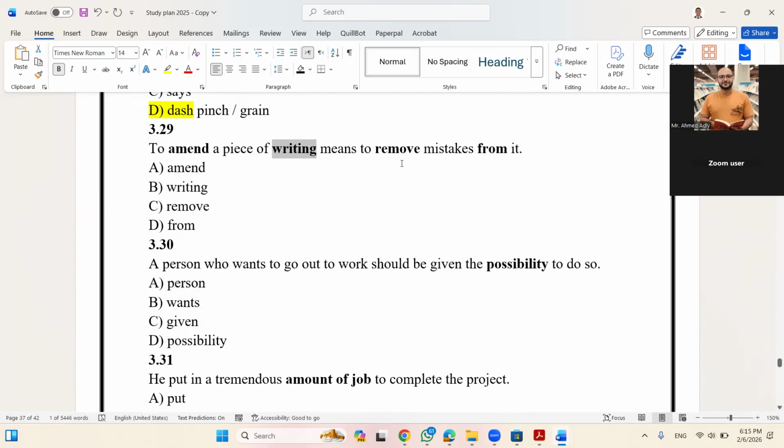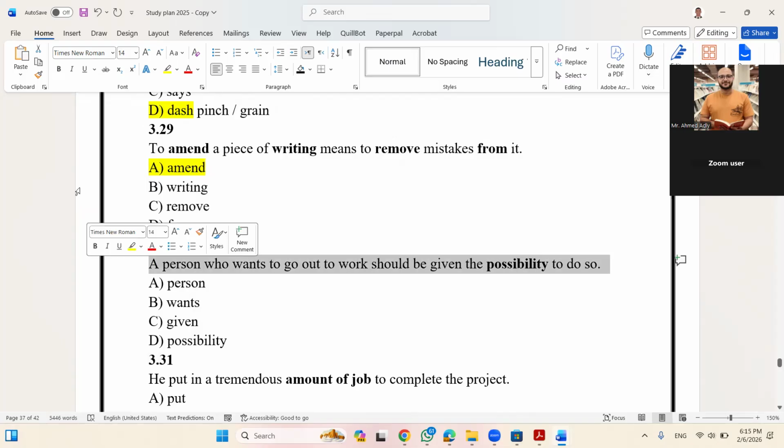You can replace remove with fix, but you corrected a correct answer with another correct answer, and you left the wrong one there. The problem with amend: it should be replaced by edit. This is called editing or proofreading. In the writing process, we start with collecting ideas, then we draft, then we review, after that we edit.